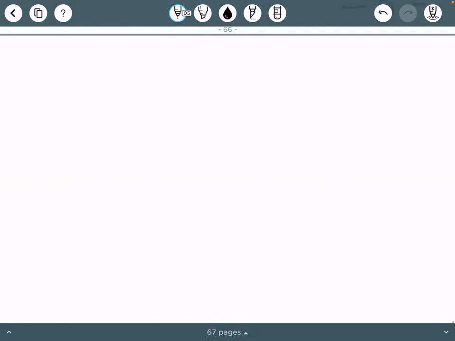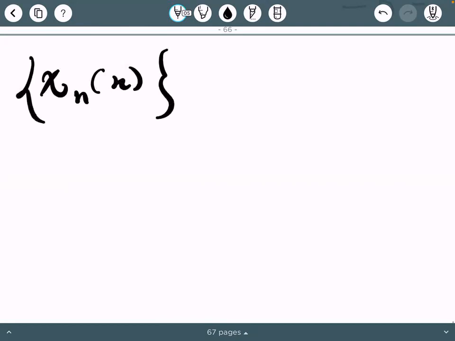Okay? So we choose a set of functions, these are my trial functions. And for the moment, let's assume we can choose them to be orthogonal.